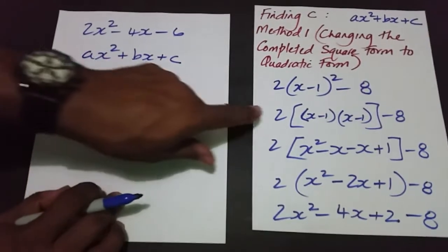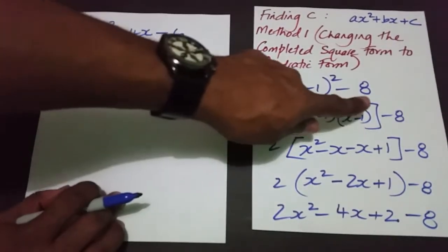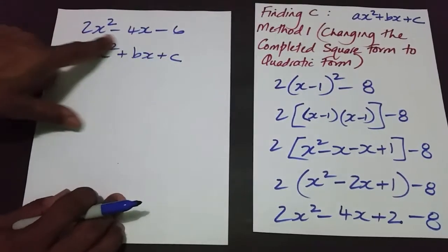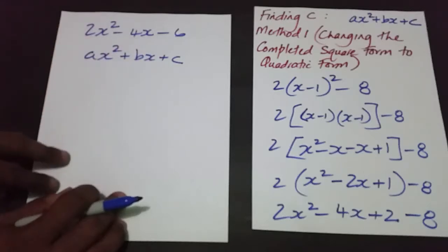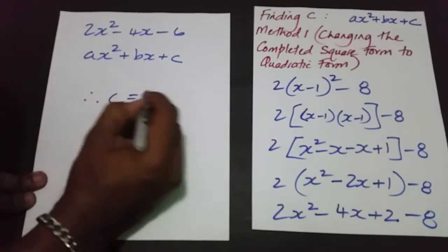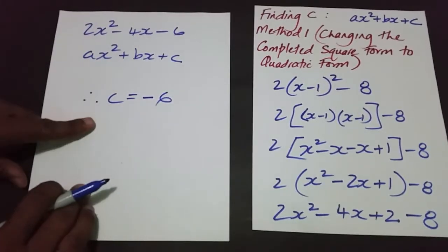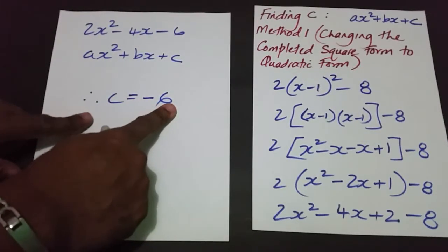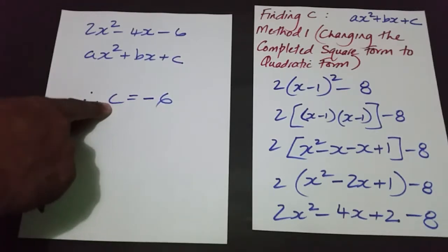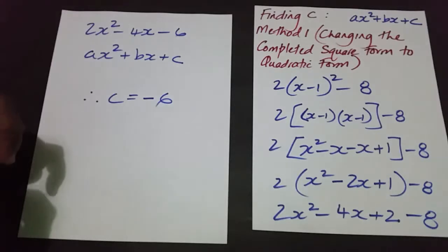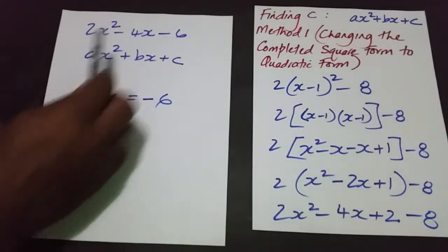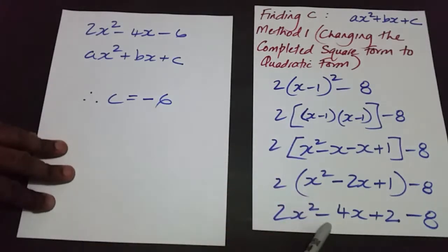So what I did was to successfully convert from the completed square form to the general quadratic form here, which is 2x squared minus 4x minus 6. What that would mean is that therefore the value of c is negative 6. So we know clearly where the parabola will cut the y-axis, and that's the significance of c. So this is one method, again, changing the completed square form to the quadratic form by basic expansion and simplification.